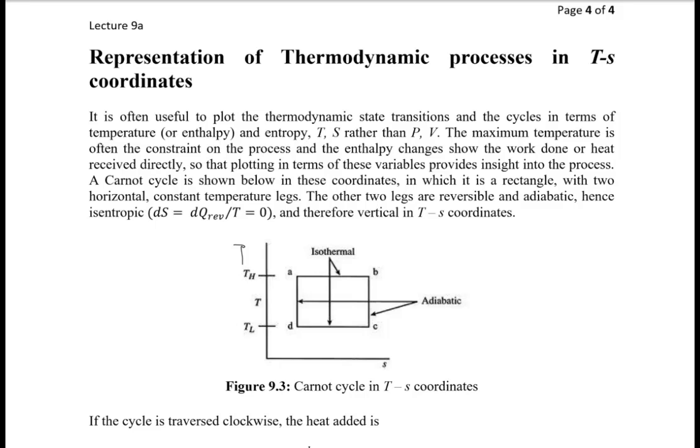But considering it over here, we have two different processes in the Carnot cycle: one is the isothermal process, and one is the adiabatic process. So we have two isothermal processes and two adiabatic processes. So this is a Carnot cycle going from state A to B, B to C, and C to D, and then obviously coming back to state A.